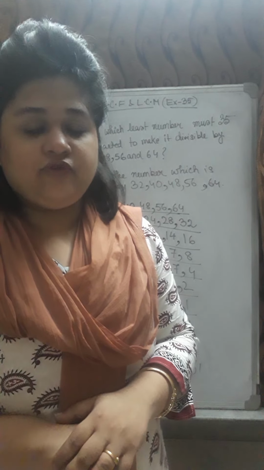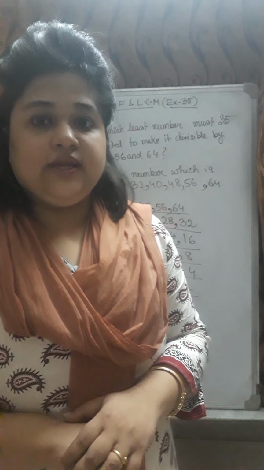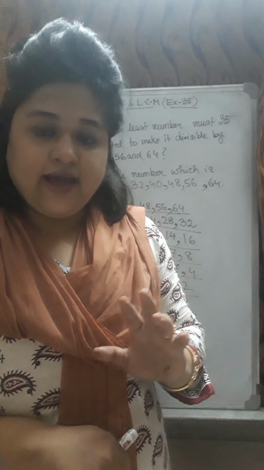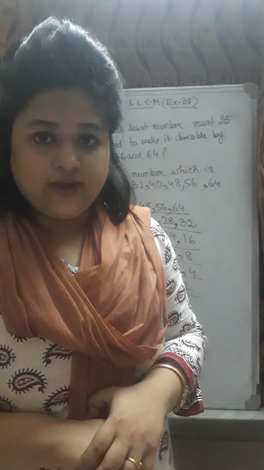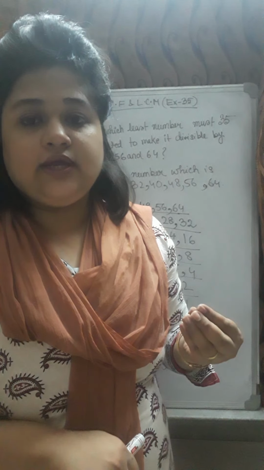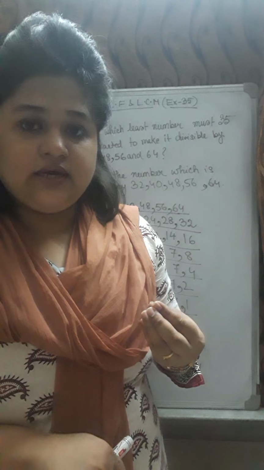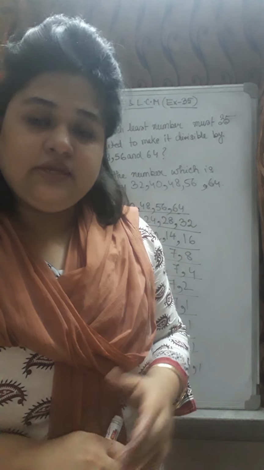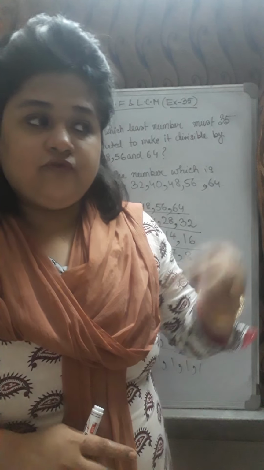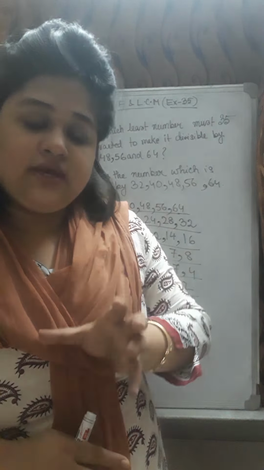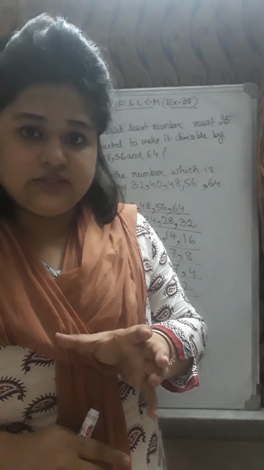From 5, if I subtract 3, I will get 2 as the result. But this you can tell verbally. If you cannot tell, you will add 3 to the result in order to find the number. Similarly, we are doing it over here: from which number 35 has to be subtracted so that the number is divisible by all these numbers.